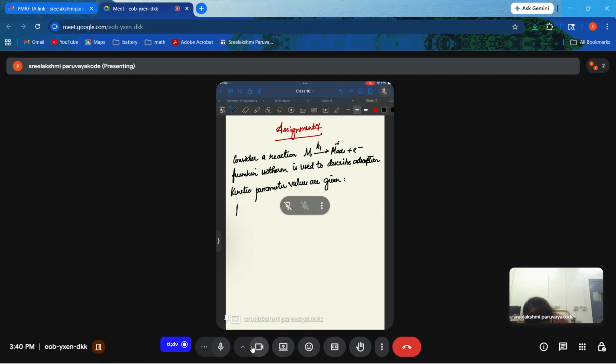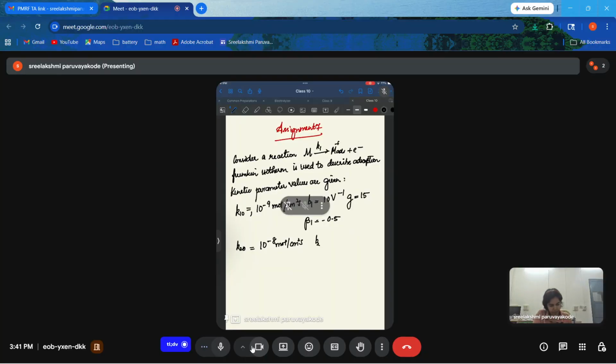So what are the values? K1 naught is given as 10 to the power minus 9 mole centimeters per second. Now B1 is 10 volt inverse. Then g is 15. Beta 1 is minus 0.5. Now K2 naught is 10 to the power minus 8 mole centimeters per second.